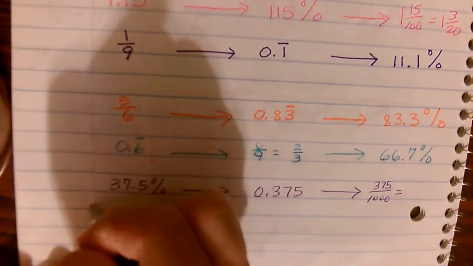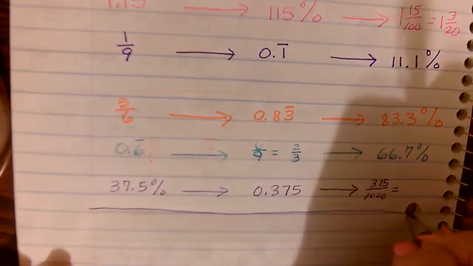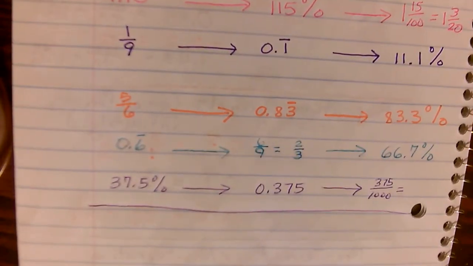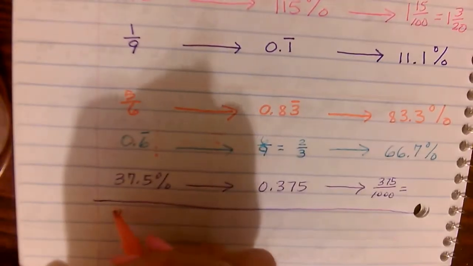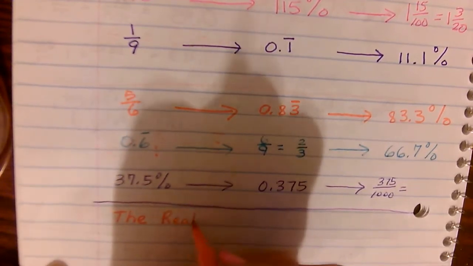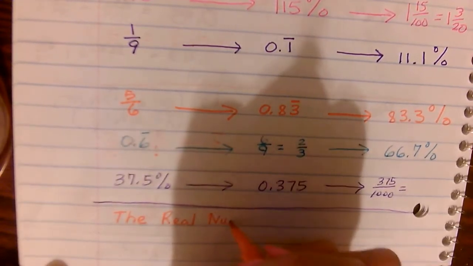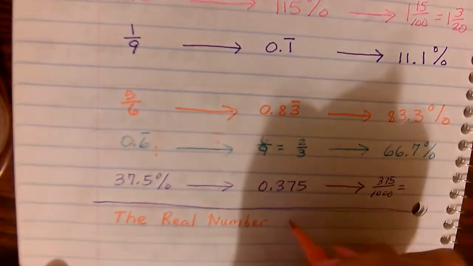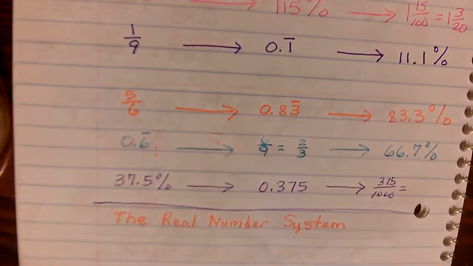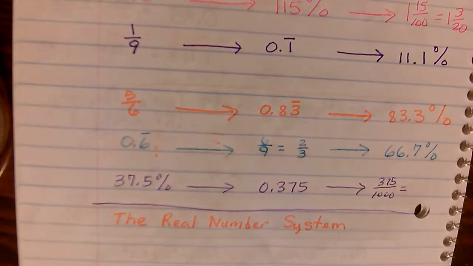Below this, I'm just going to draw a line, and we're going to make a table. And this table we are going to call the real number system. Before we put any information in it, we're going to make a series of rectangles inside each other.